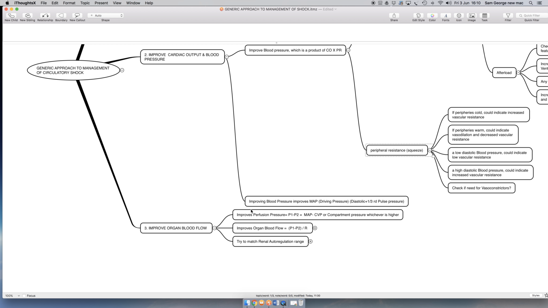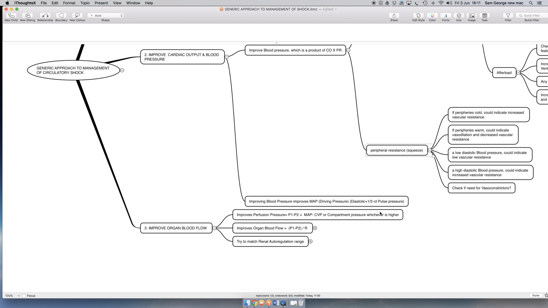So organ vascular resistance is quite important, and it helps decrease the blood flow. Now, coming back to perfusion pressure, imagine it's the kidney and the abdominal compartment pressure has gone up. You'll have to consider the abdominal compartment pressure instead of the CVP if you're talking about renal perfusion pressure. Okay?